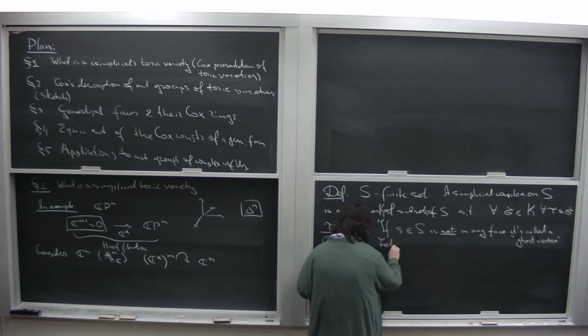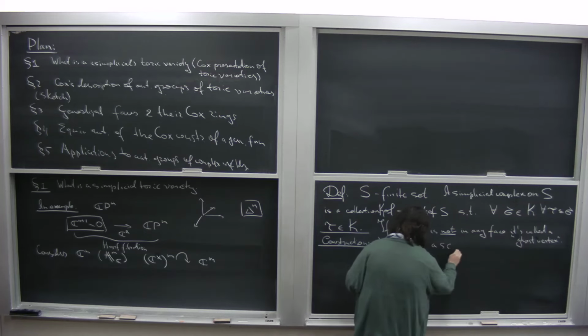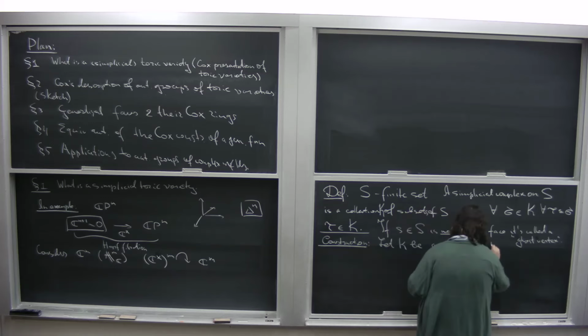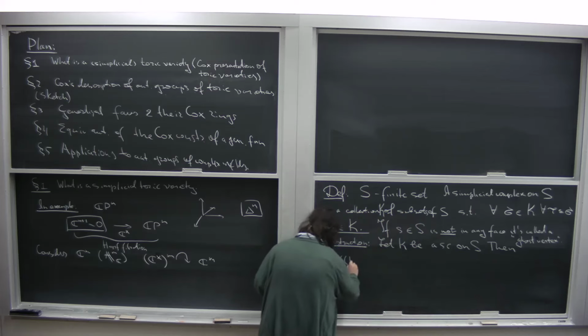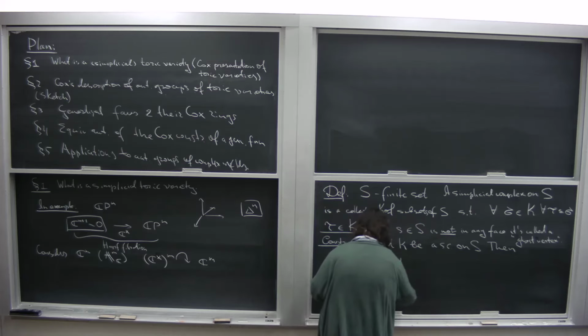So K is a simplicial complex on this set. Then we have the following quasi-affine subvariety.